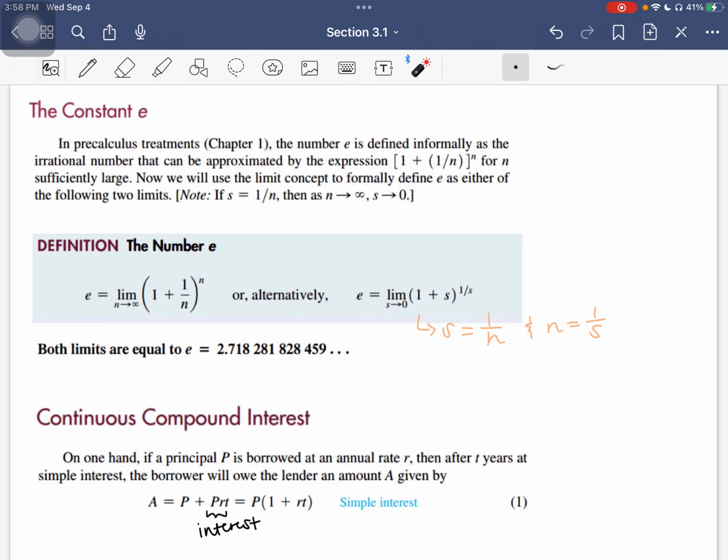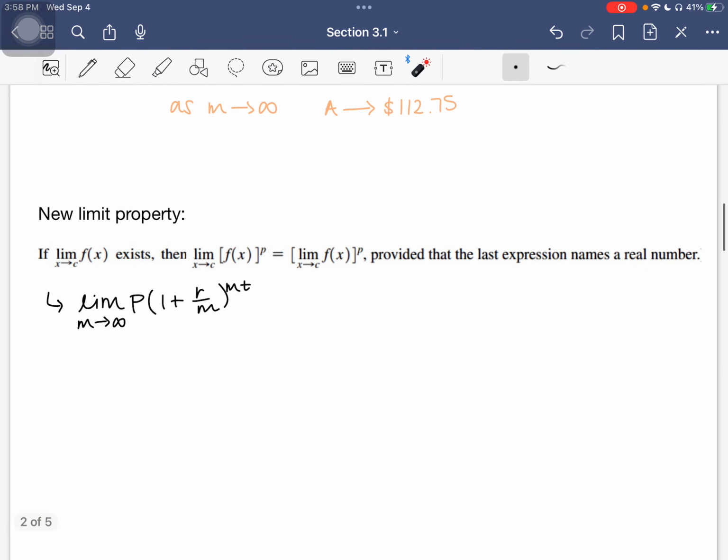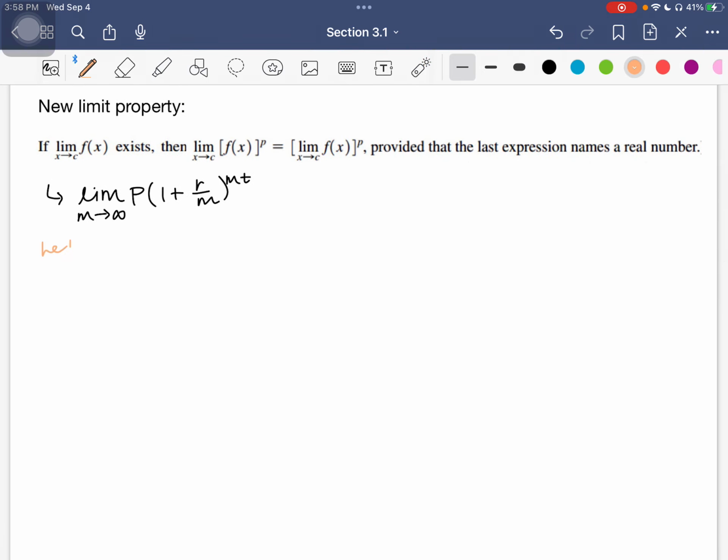So with that same logic, what we're going to do for this limit is let S equal R over M. Right. So then this implies that M is going to be equal to R over S. So all we're doing is multiplying both sides by M here and here, and then dividing by S. That's where you get R over S. Now if we were to multiply both sides of this by T, so MT, this is the same as this here.